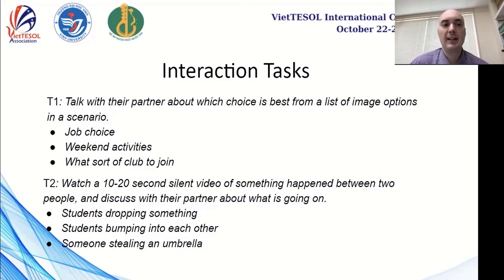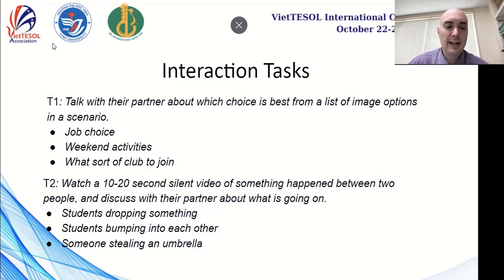They can say, well, if it was me in that situation, I'd want this or that. But we had some other ones, such as what sort of club should you join, or, Tim is looking to make new friends at the university, what should he do? And those didn't quite have the interactions to give us a chance to test their interaction skills in a second language. So we're also thinking about revamping some of those questions.